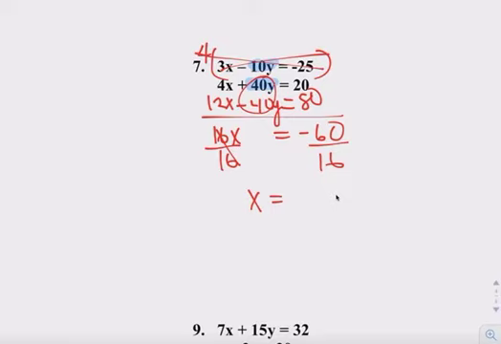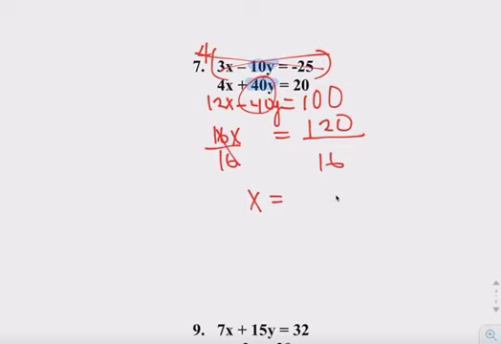Oh my gosh, is this right? Times 4 is 100. Oh my God, I'm so off. 120. Okay, 100 plus 20 is 120.